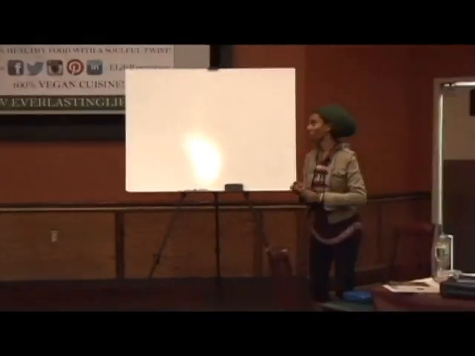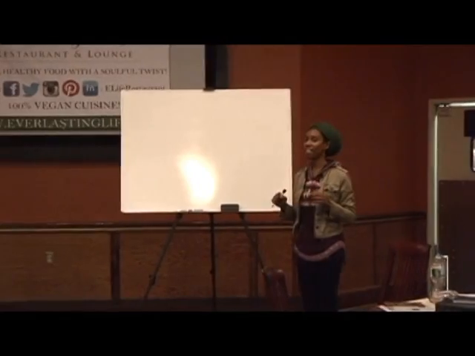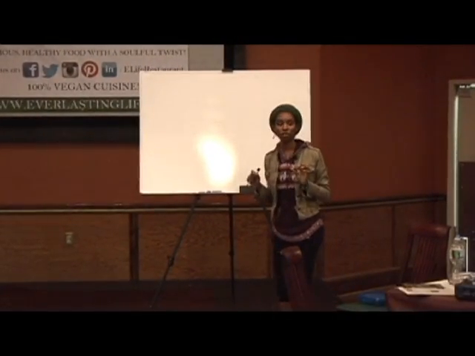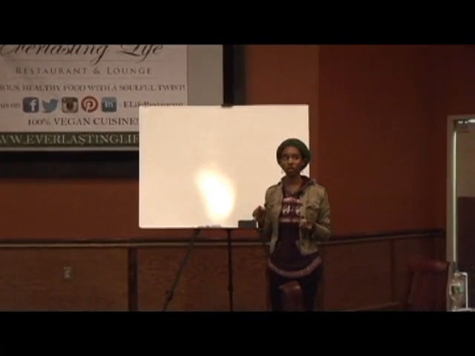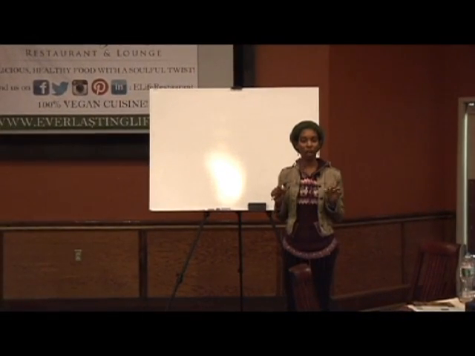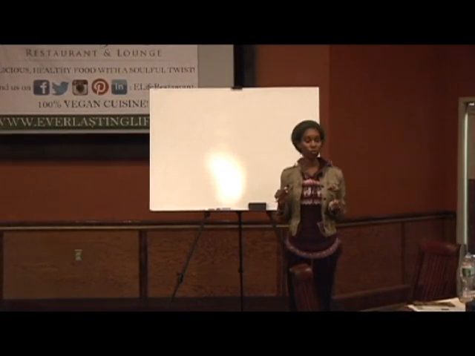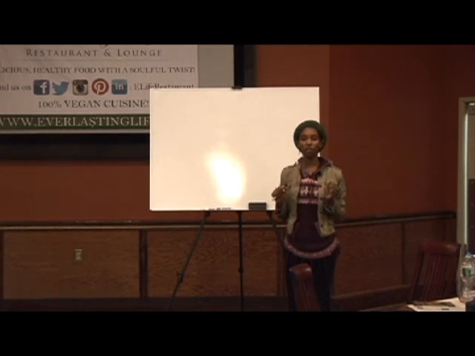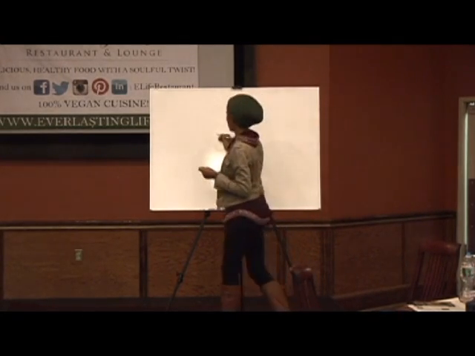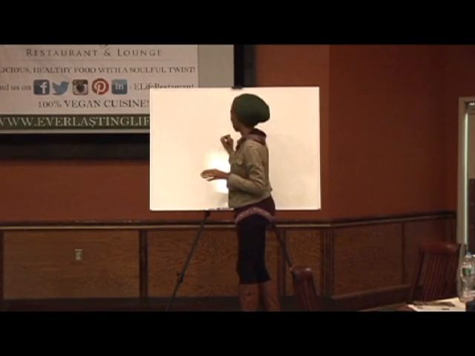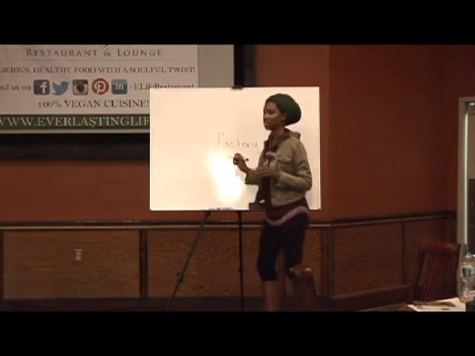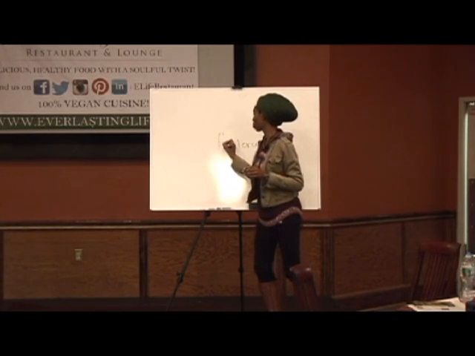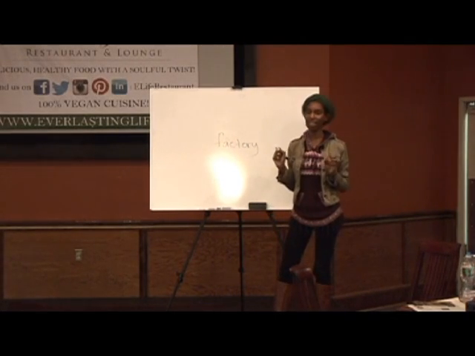Okay, so I want to do a brief review and then pick up from where we left off. As you know, we've been looking at etymology, in particular the root meanings of words. For example, if we had the word factory, what is the root of the word factory?